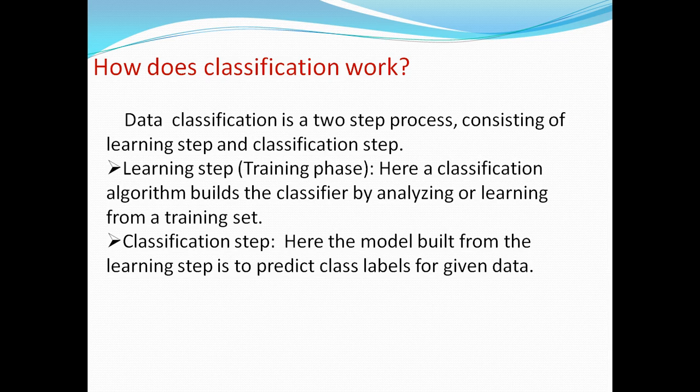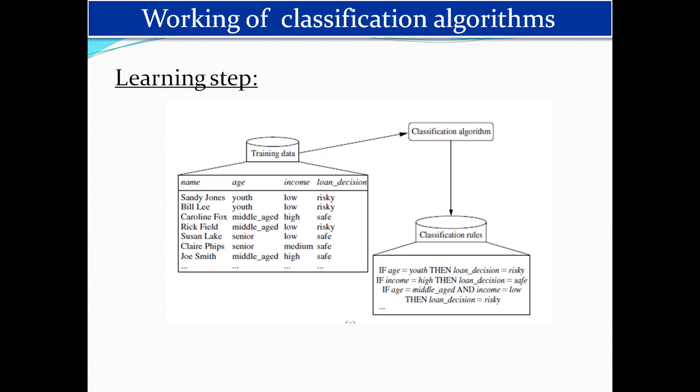As I explained, safe or risky is called the class labels. In learning step, the database is what we call training data. The training data has the attributes, and this is a class attribute, loan_decision, where we apply the classification algorithm. Our main focus will be on the classification algorithms we are working on, that is ID3, C4.5 and CART.